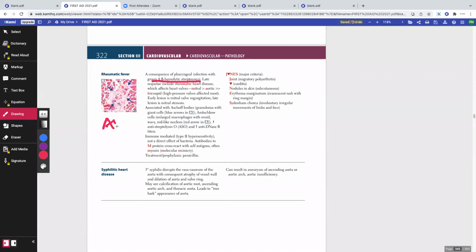And the antibodies that are formed against group A beta hemolytic streptococci have a tendency of attacking other tissues. Do we call this phenomenon cross-reactive antibodies?